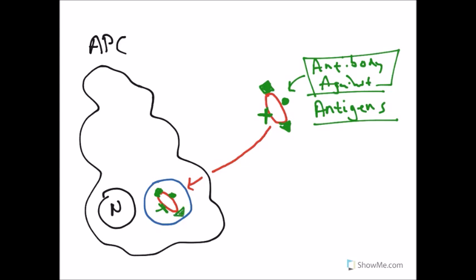The macrophage produces lysosomes with lysosomal enzymes, and the lysosomes fuse with this phagosome, releasing their enzymes, and it begins to degrade the cell, leaving behind only the antigens.